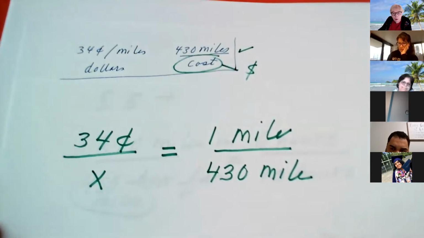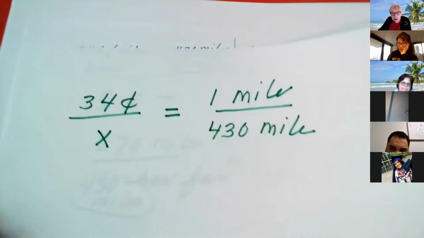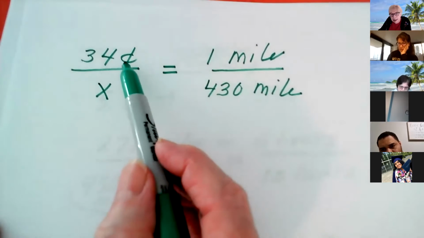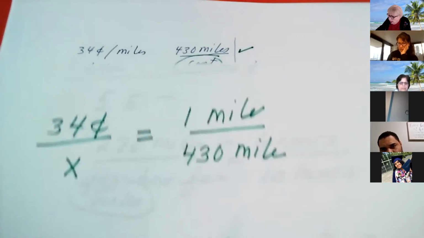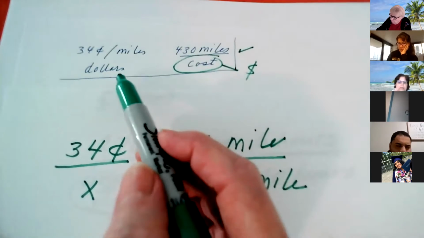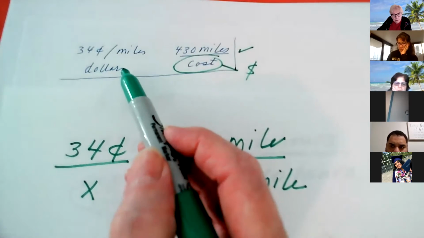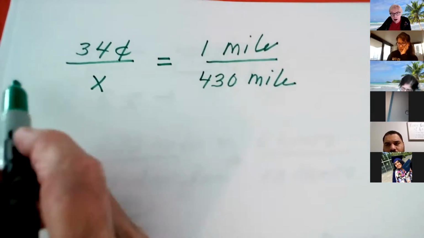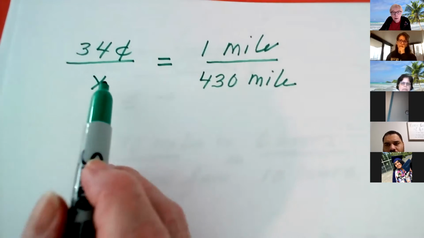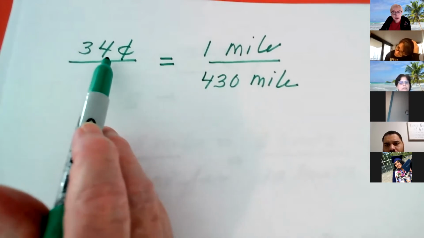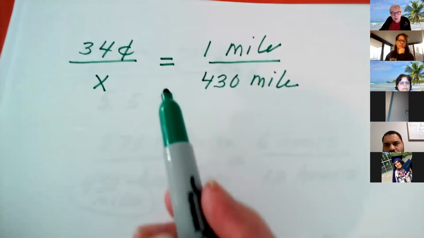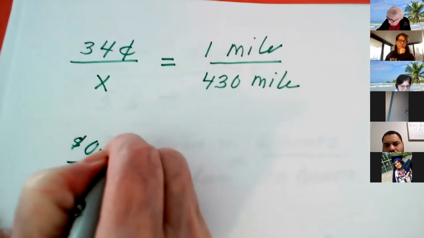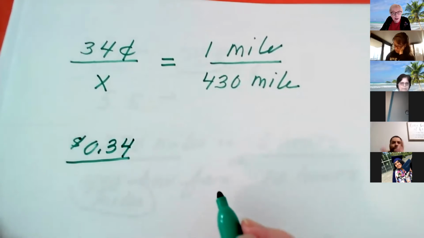Now, what we can do is solve this, but the problem is it's in cents, and the problem called for writing it in dollars. So one approach, and this is not the only approach, is a fine approach that will get us there. One approach would be to turn this into dollars straight away. 34 cents is actually this in dollars.